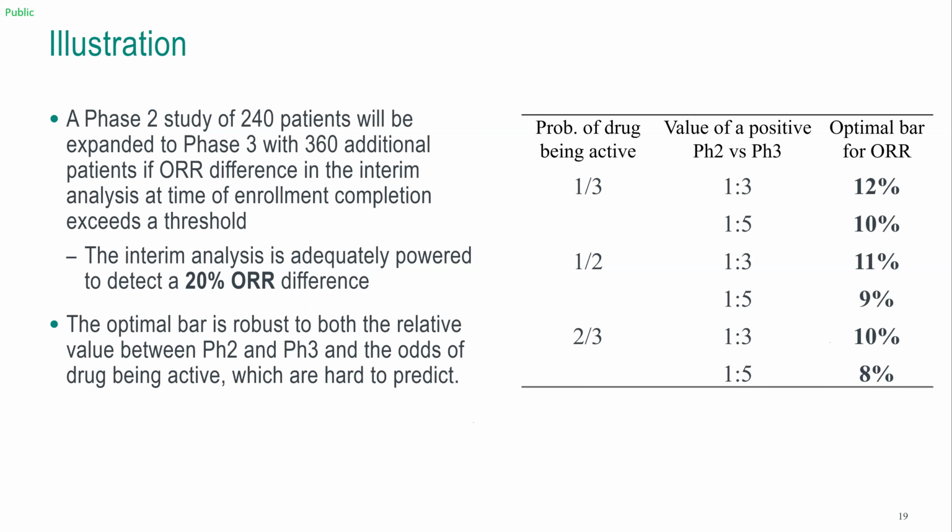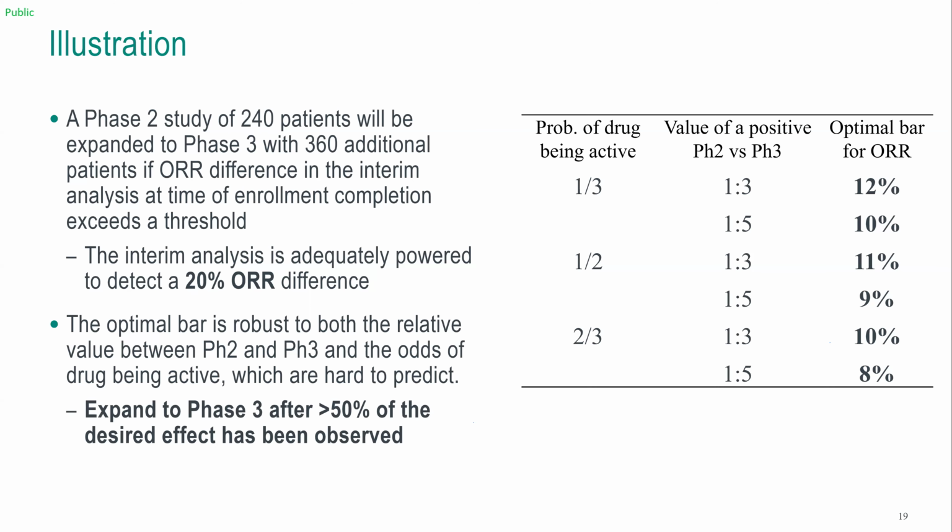So in other words, for these two biggest unknowns, it doesn't really matter that much. You can safely set the bar at about half of the desired effect to make your decision most cost effective. Of course, in reality, the decision bars can be based on other endpoints, but the take-home message is the same.